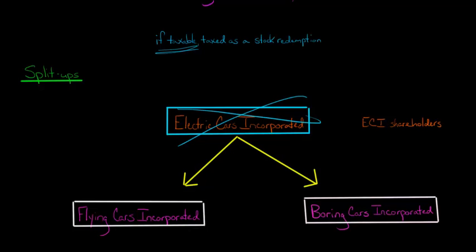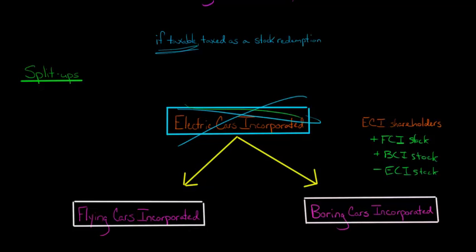We're done with it. So ECI shareholders are going to get stock in Flying Cars Incorporated, FCI. I'm just abbreviating here. They're going to get FCI stock, and then they're going to get stock in Boring Cars Incorporated, which we'll call BCI. But then they're going to get rid of their ECI stock, because ECI isn't going to exist anymore.